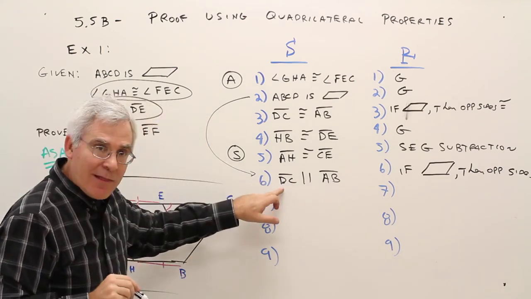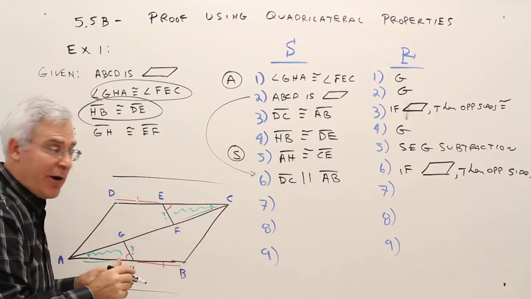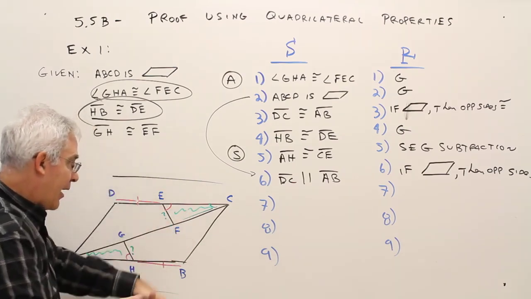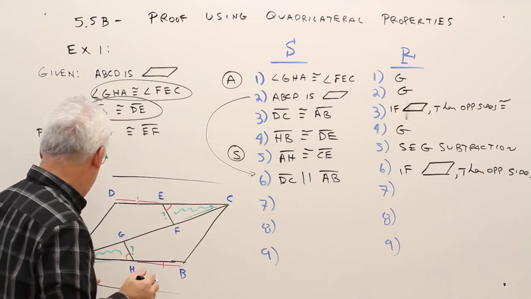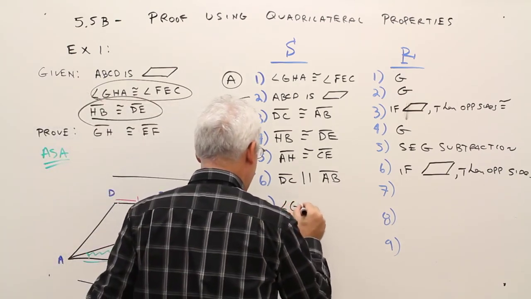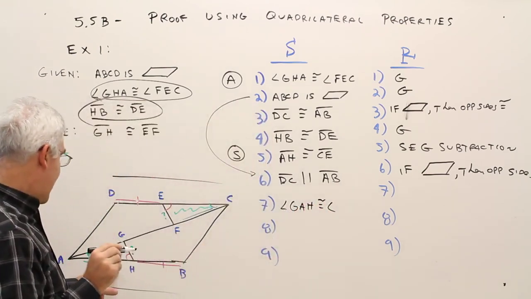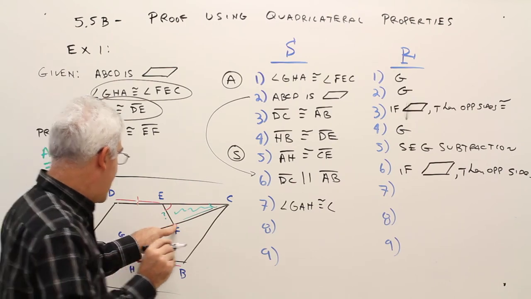Okay, and then once I've got those parallel with this transversal, then I can get these alternate interior angles. They're on the inside and alternate sides of that transversal. So I'll say angle GAH is congruent to angle, I'll call it FCE.